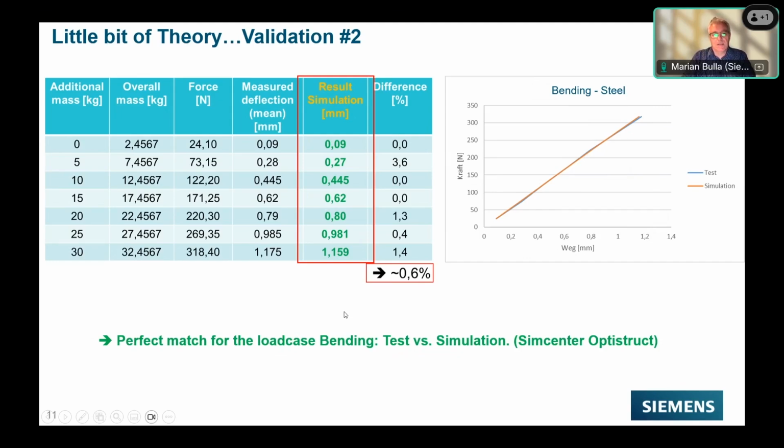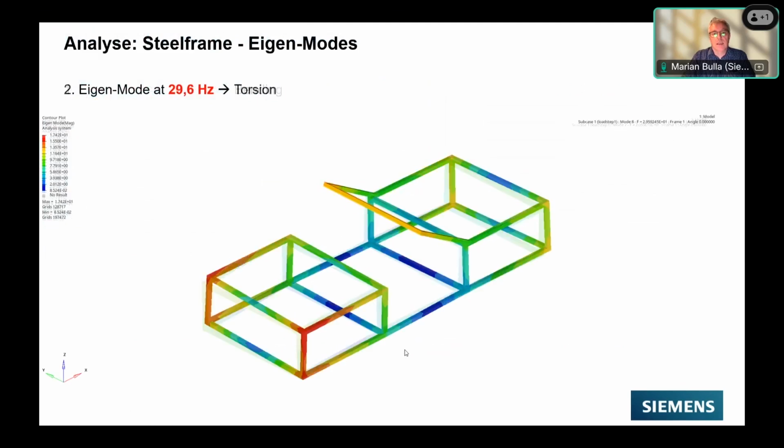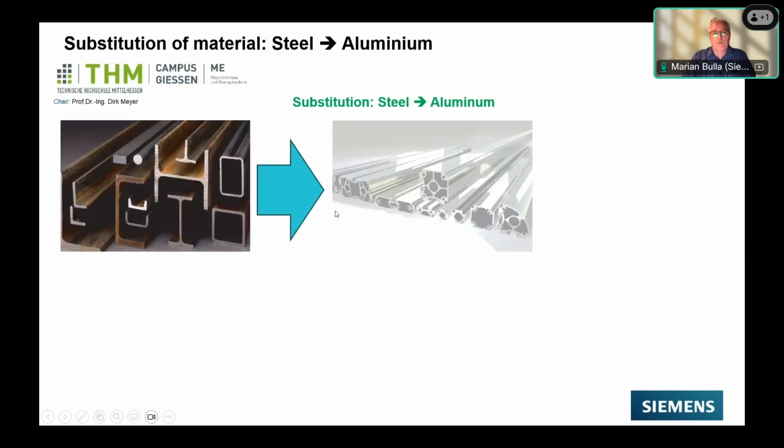Then we also checked the eigenmodes for bending and for torsion, and the other higher order eigenmodes. And then for sure we wanted to reduce the weight. We initially thought, okay, let's change the material from steel to aluminum, which is a good idea to reduce the mass.